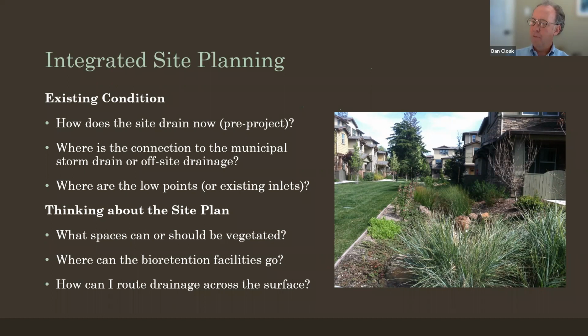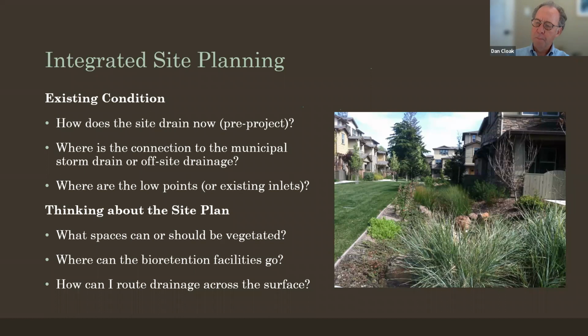And then starting from there as a guide to how the whole site needs to be developed. So we're trying to look at this at the earliest stage of development in terms of understanding the drainage before the buildings and the driveways and other circulation elements have been laid out.